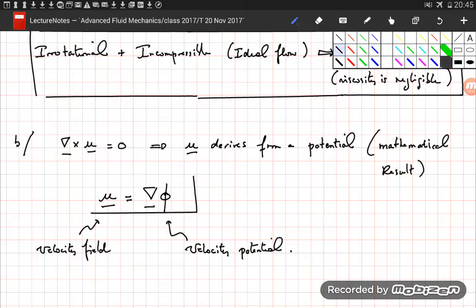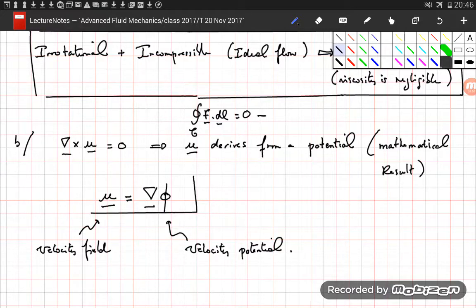When a force field is conservative, that means that the force does not work along any closed contour. This is the same as saying that the line integral of the force on a closed contour is always equal to 0.